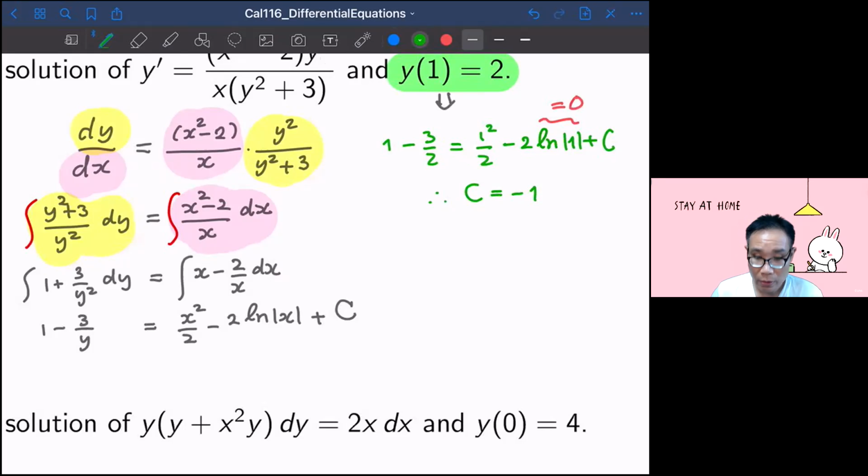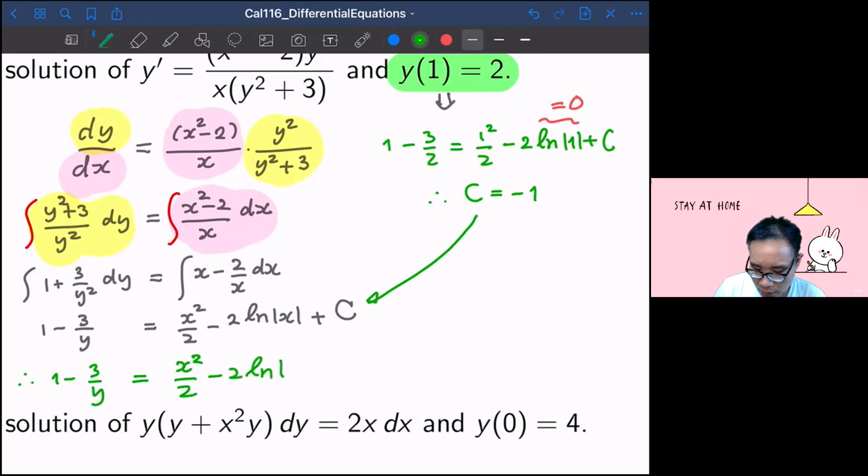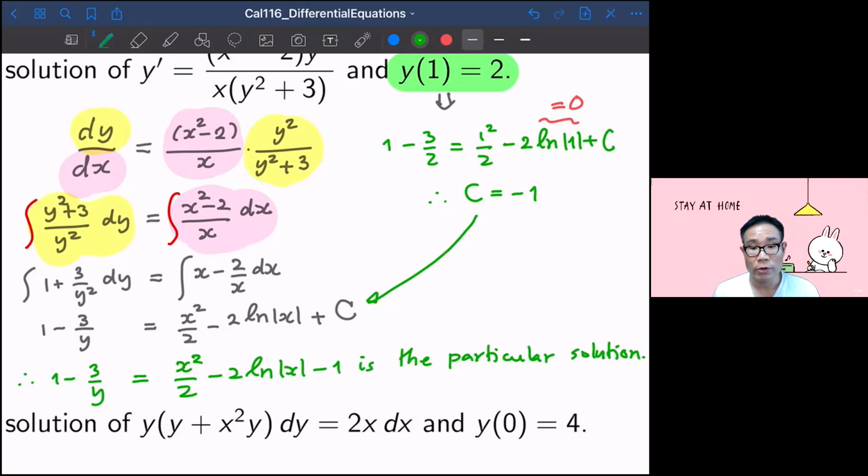So you have c equal to negative 1, and you're just going to answer 1 minus 3 over y equal to x squared over 2 minus 2 log absolute x minus 1 as the particular solution. Okay, so this will be your final answer.